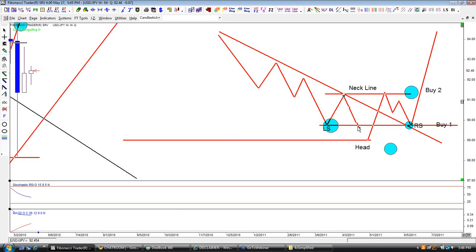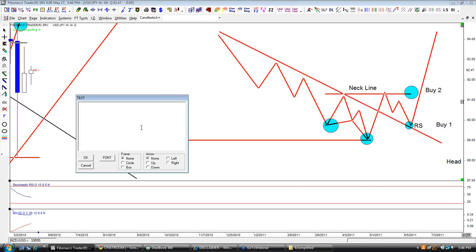But what we can see is price form a bullish butterfly. Now here still we have no idea that price will form head and shoulders. This is a pure butterfly.